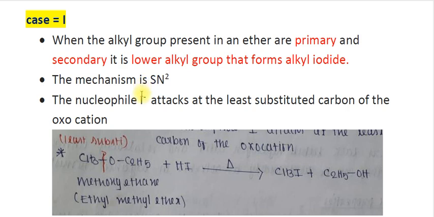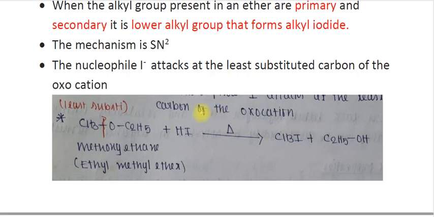Out of the alkyl groups in the ether, whichever alkyl group is lower forms an alkyl iodide. The mechanism followed here is the SN2 mechanism, and the nucleophile I minus attacks at the least substituted carbon of the oxonium ion. Here, CH3OC2H5 is reacted with HI and heated.